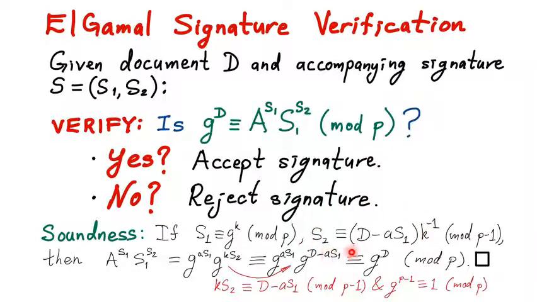K times S2 is d minus a S1. So k S2 that appears here becomes d minus a S1, correct? And then simply by laws of exponents, this is literally equal to g to the d. So when the signature is valid, the verification congruence is satisfied modulo p.